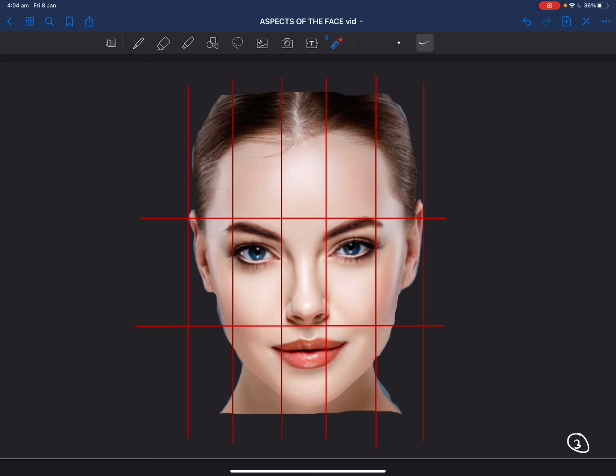Then the fifths are from your pinna to your outer canthus, to the inner canthus of one eye, to the inner canthus of the other eye, or you can also do the alas. Then we have the inner canthus again to the outer canthus to the pinna.